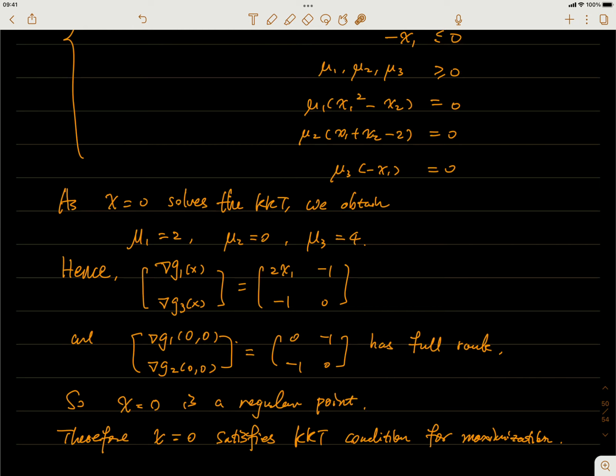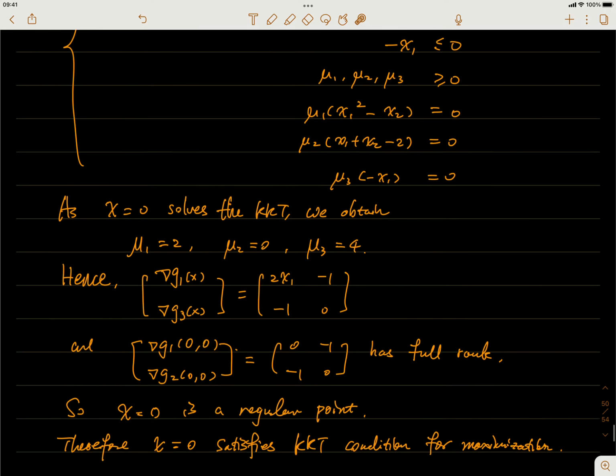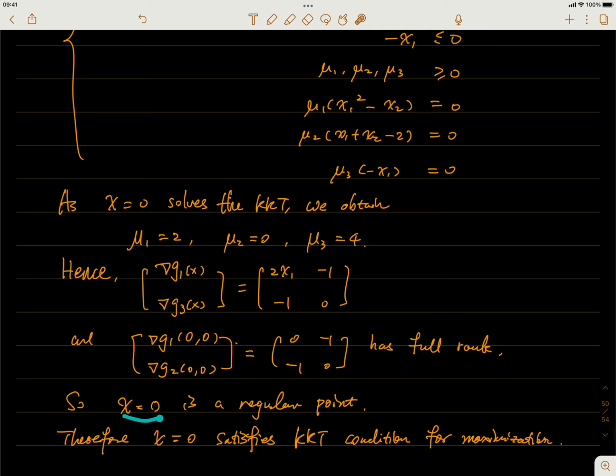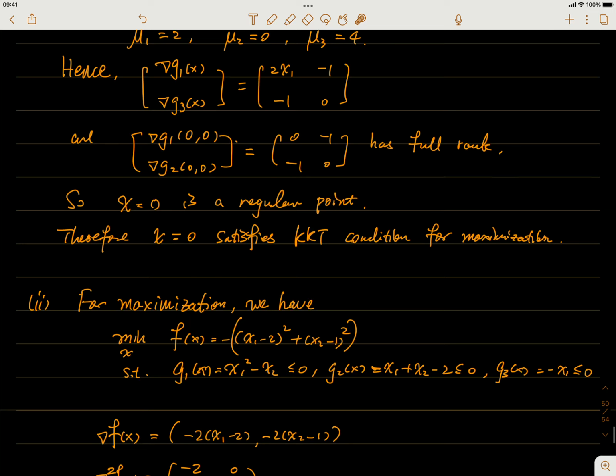A full rank matrix means that x0 is indeed a regular point. Also, together with x equal to 0, this satisfies this bunch of conditions. So that means x equal to 0 is indeed a KKT point for maximization.